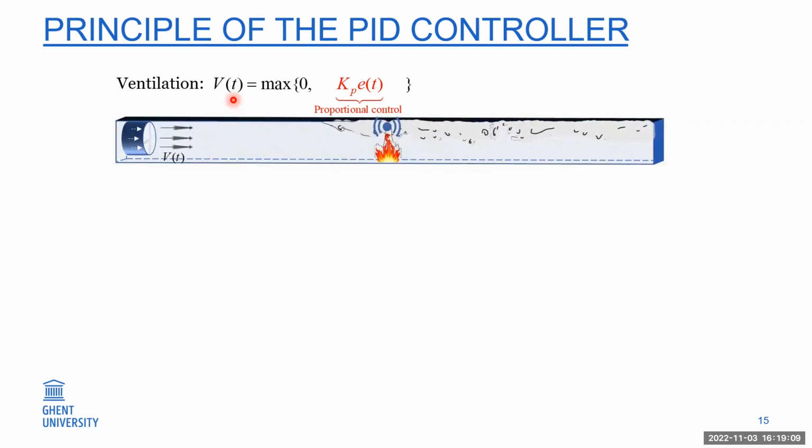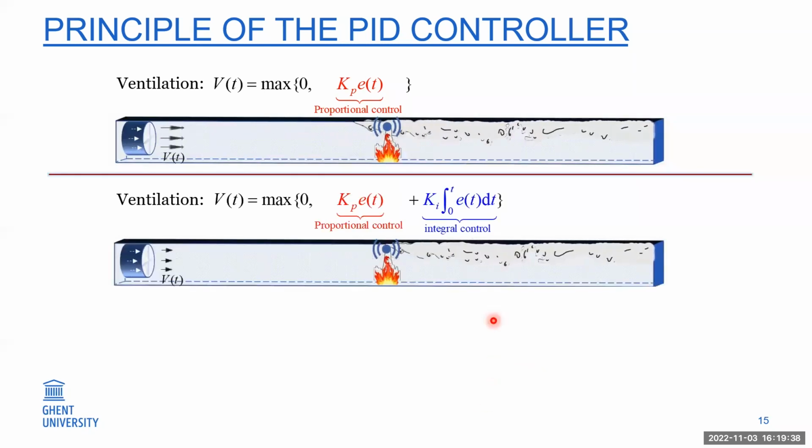But after the ventilation velocity increases, the smoke will be pushed back downstream, and then the error function will decrease as well. So the smoke will spread upstream again. So the system cannot be stable. It will wave around the fire source again and again.